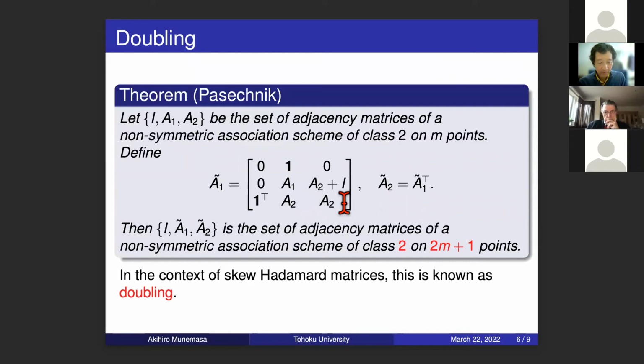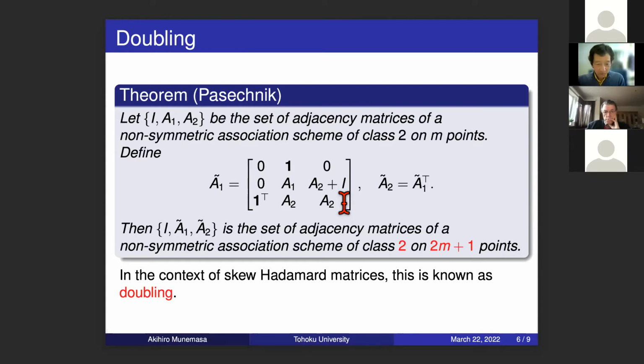And remember that the non-symmetric association scheme is essentially the same as skew-Hadamard matrix. So this construction allows construction of a skew-Hadamard matrix of twice the order, given a skew-Hadamard matrix. So this is why it is called doubling.